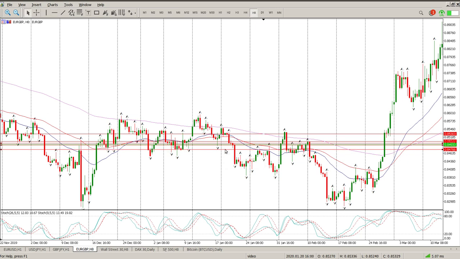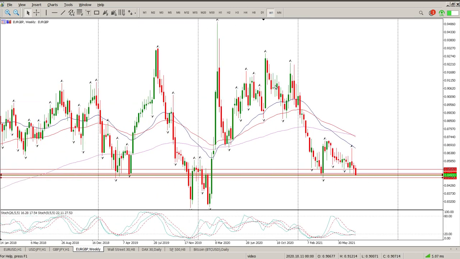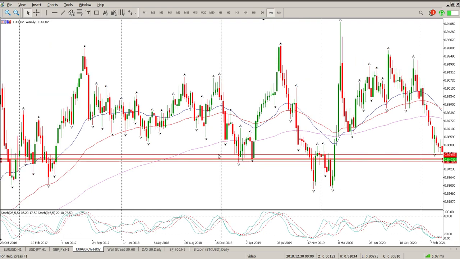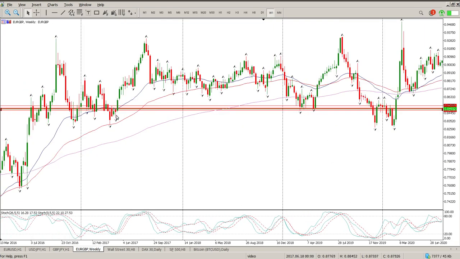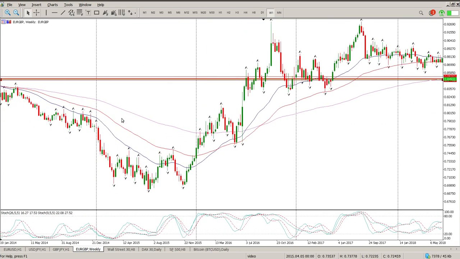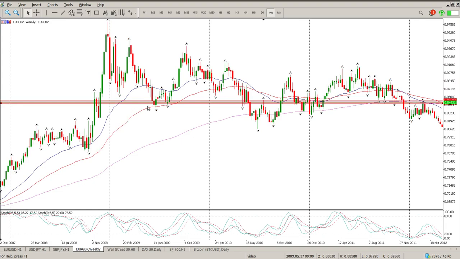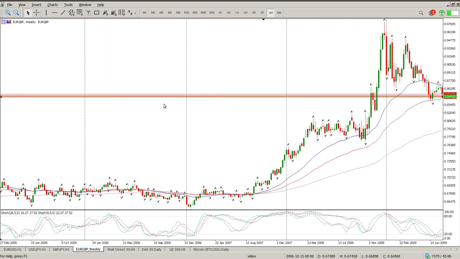You can see there's a big area of support here, and that is 0.84766. Let me just do that on the weekly so you see what I'm talking about. See this whole area of support, and then look inside here. If I look even further to the left, look what's happened around this area for a number of years, going all the way back to 2009.